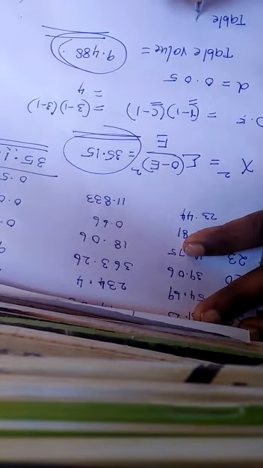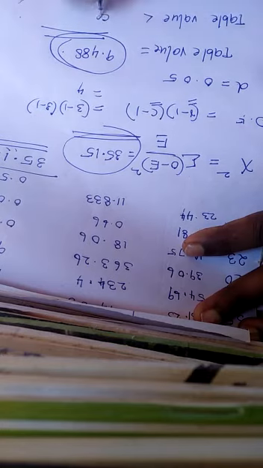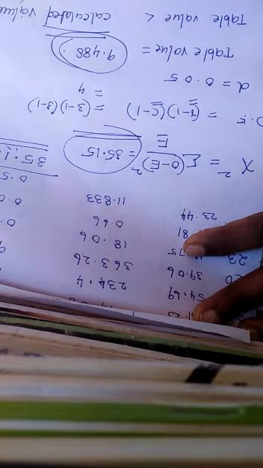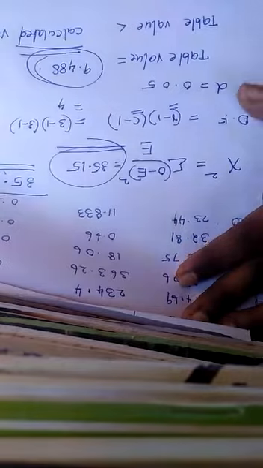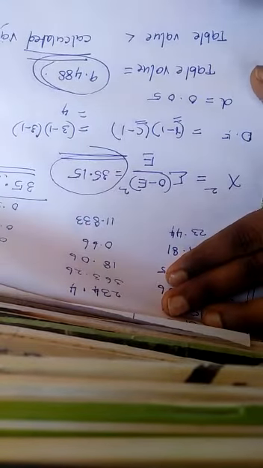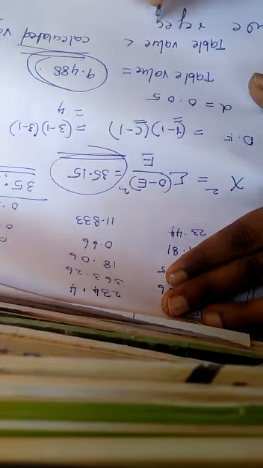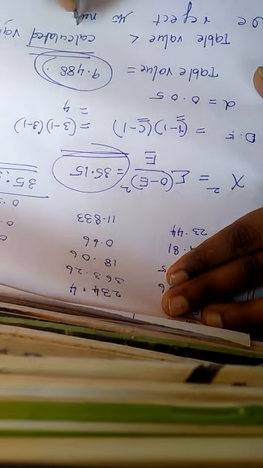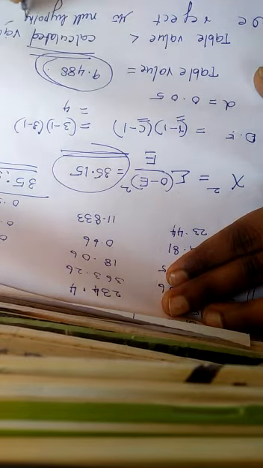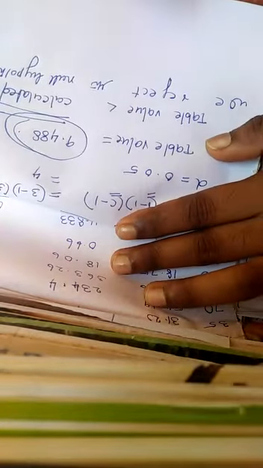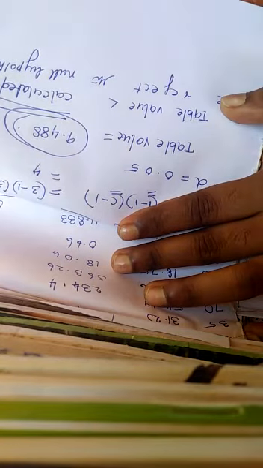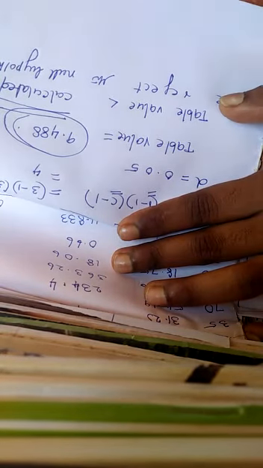So the table value is less than the calculated value. In that case, we reject the null hypothesis. Our hypothesis was that intelligence and social status are independent. We reject that null hypothesis.